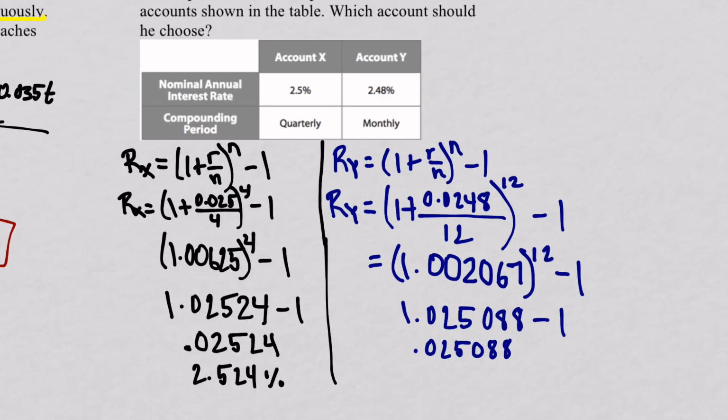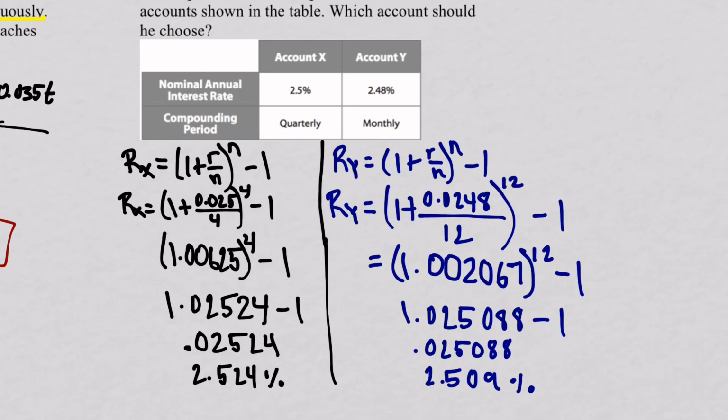Change it back to percent form, and it's 2.5088. Let's leave it to 3 decimal places, just like the one on the left: 2.509%. So which one is better in this case?